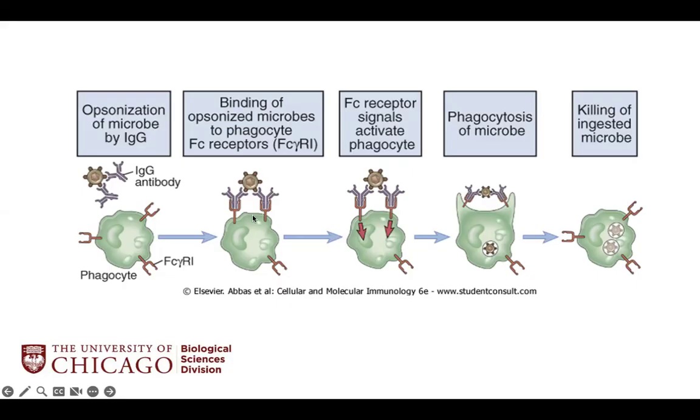As soon as it binds, it will send signals into the cell to not only phagocytose, but also to upregulate all the intracellular mechanisms of killing that we have discussed before.